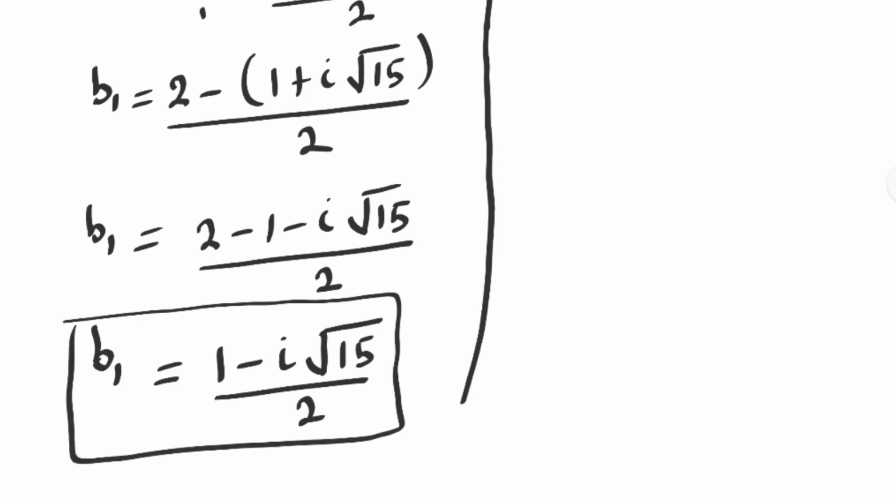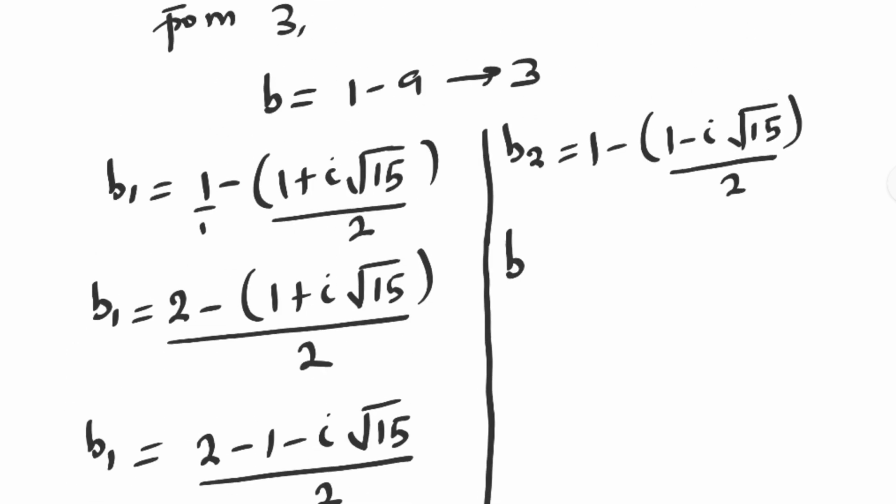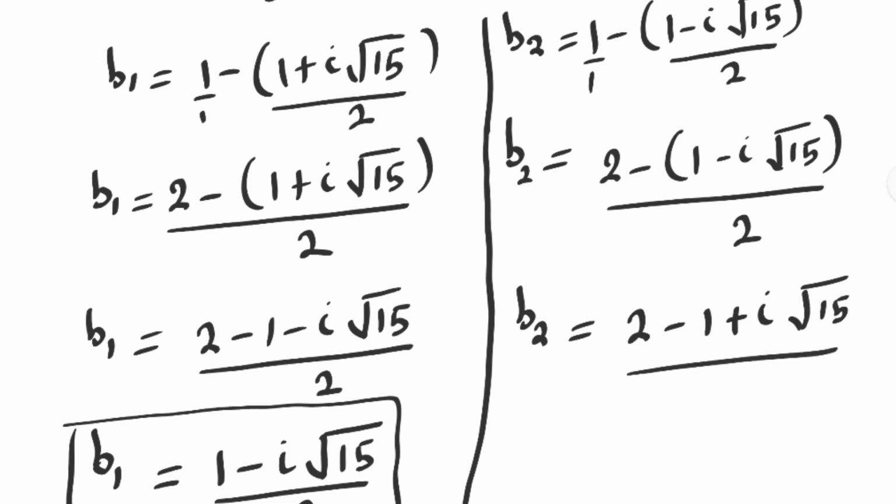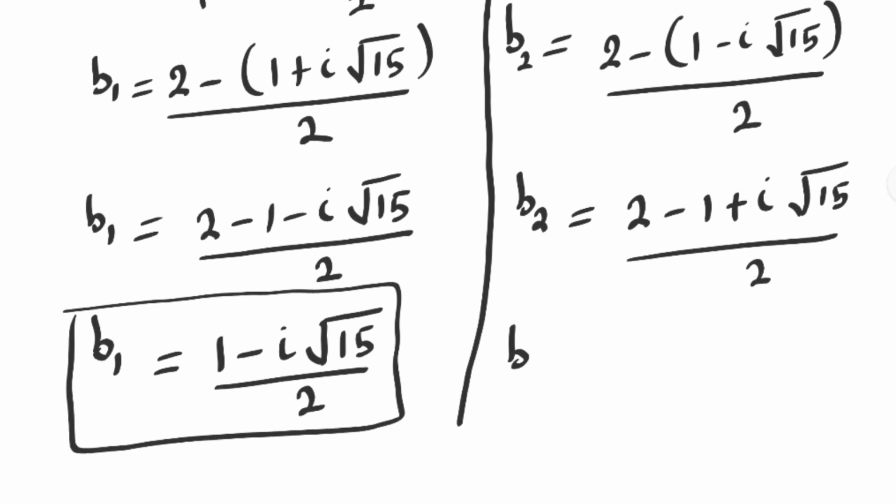Also b2, this is equal to, this is over 1. We have 2 minus bracket 1 minus i root 15 all over 2. b2 is equal to 2 minus 1 plus i square root of 15 all over 2. b2 is equal to 2 minus 1.